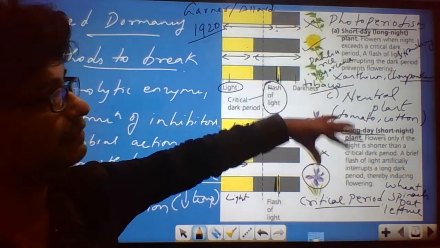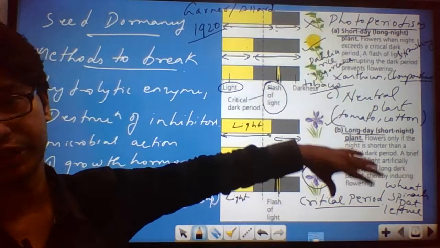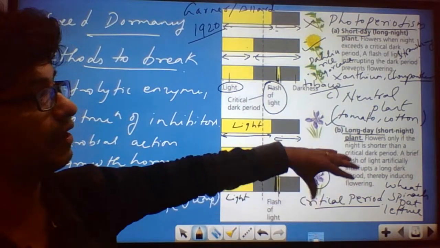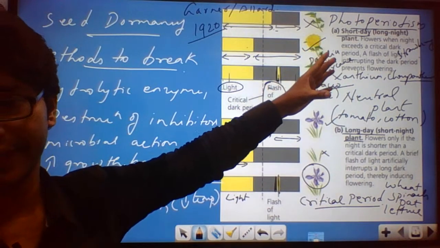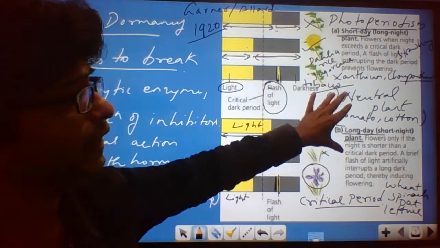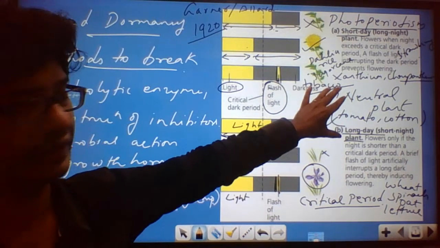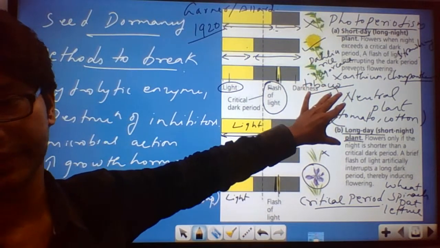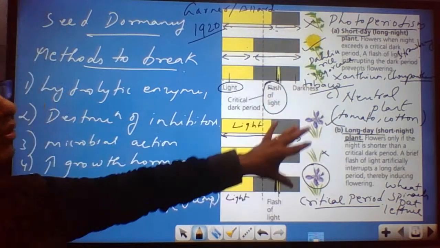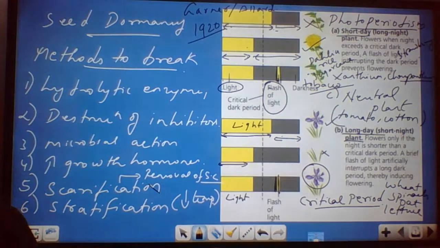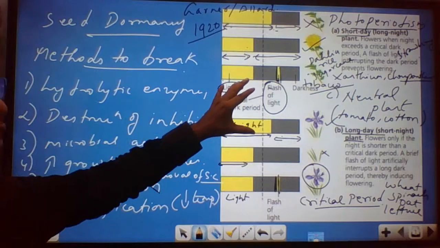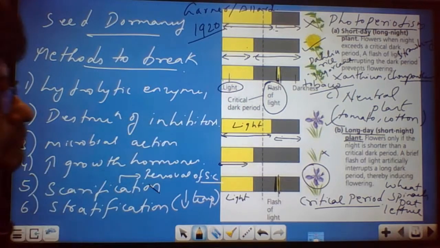These are not affected by the critical points, whether it is the day or the darkness. So there's no way they get affected in case of the neutral plants. So this is about the short day plants and long day plants that we discussed in photoperiodism. Clear with this, guys? Now we move to the next part.